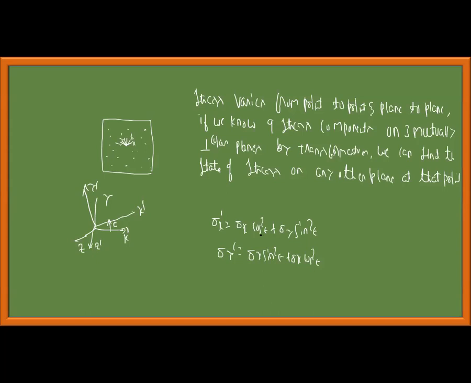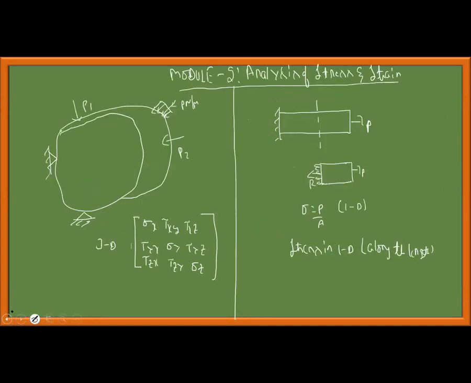We will derive that. But for the time being, you know the transformation in the sense that by changing from one plane to another, we obtain the stress on another plane using analytical relations. If I know the state of stress on one plane, I can find the stress on another plane. I will represent the state of stress. For example, if I take a cube, let's represent this state of stress.